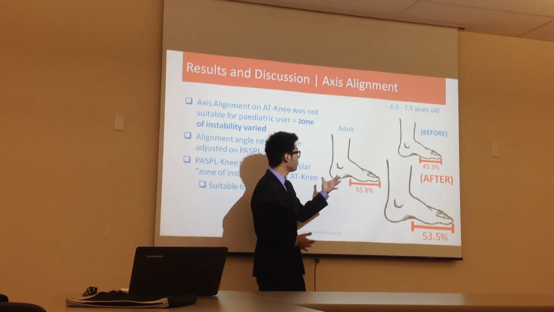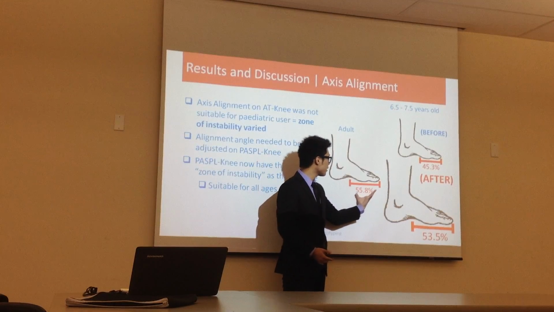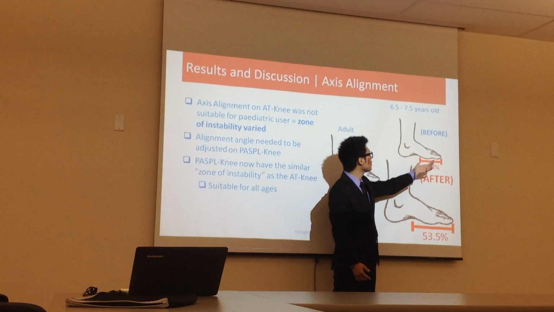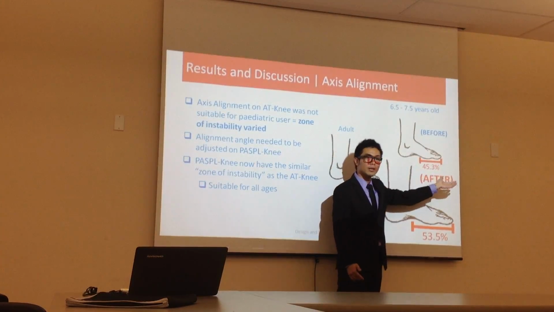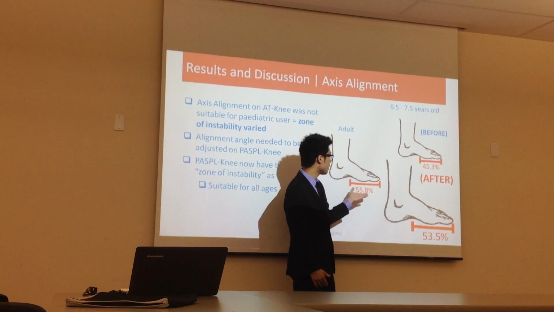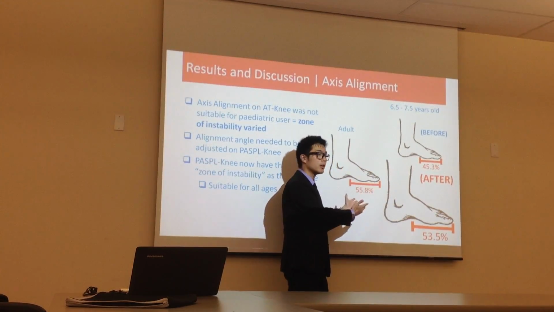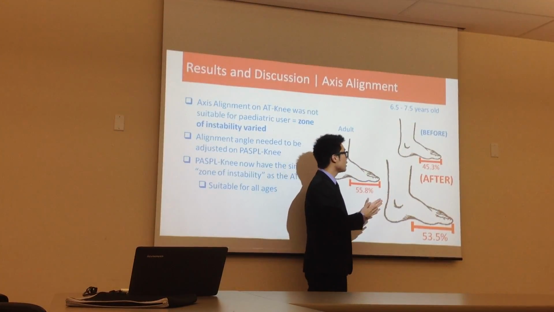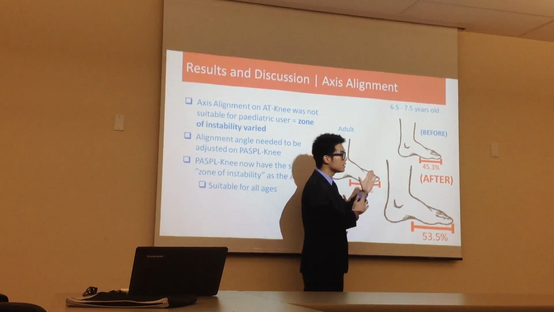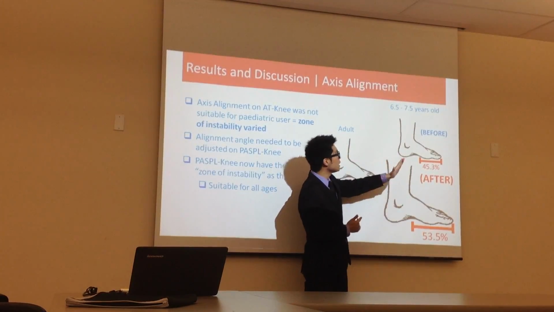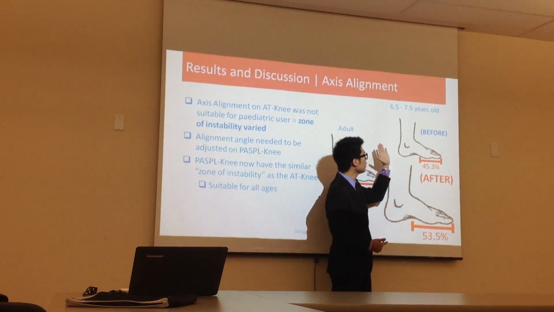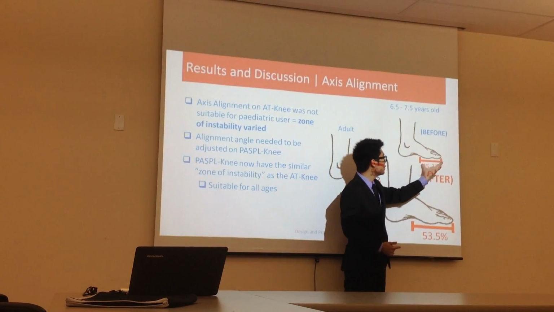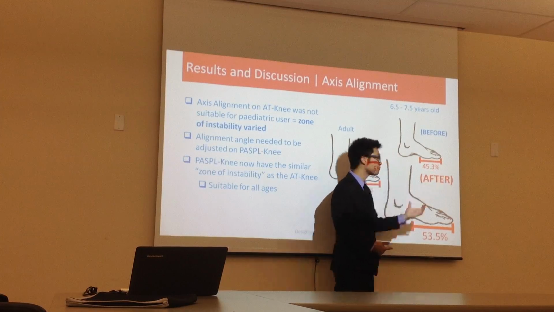We noticed that for adults we actually achieved 55.8% for the zone of instability, but for 5-year-olds, it only had 45%, and for the other ages it's not close to anywhere that we want. If you look at the data, as the age decreases, the alignment on the foot is actually getting smaller.